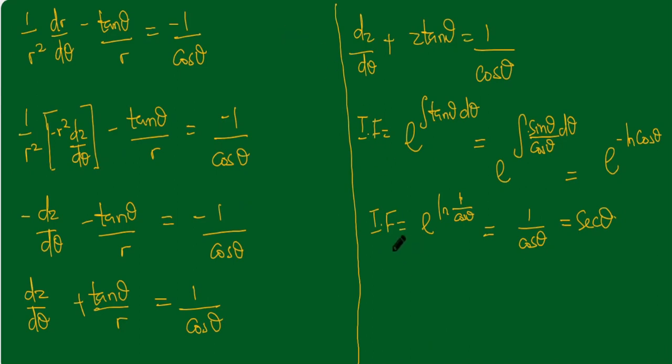So now we have our solution to be z multiplied by the integrating factor is equal to integral of q multiplied by the integrating factor d theta plus c. So on substituting this, we have z sec theta is equal to integral of 1 divided by cos theta multiplied by sec theta d theta plus c.